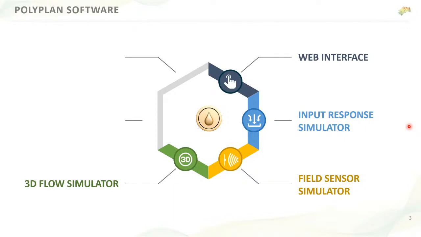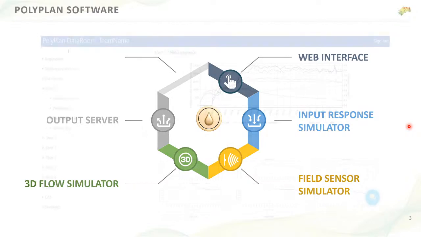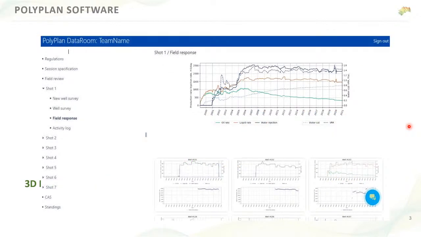And then at the end of every shot, there's also an output server. So the output server again, it sends data to the data room. So for shot number one, we ran the simulator, and this is the field response.